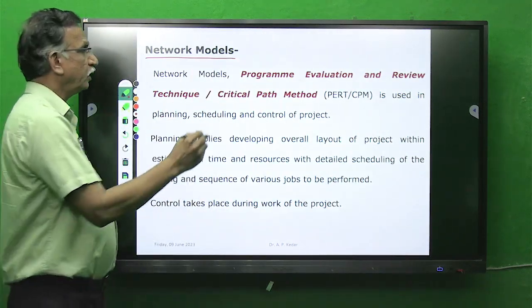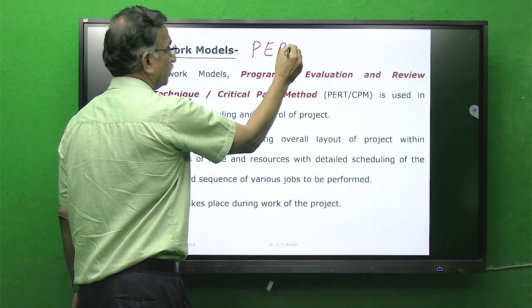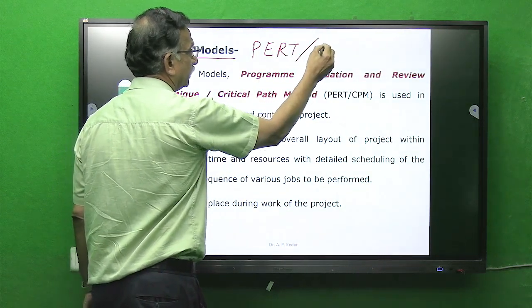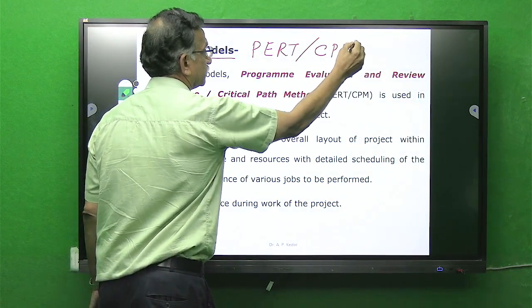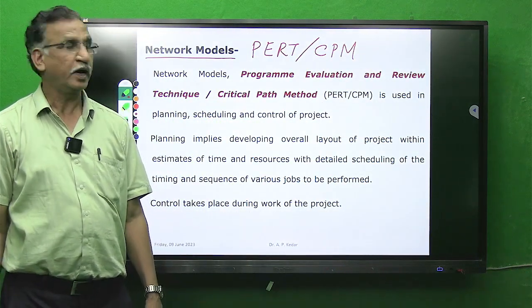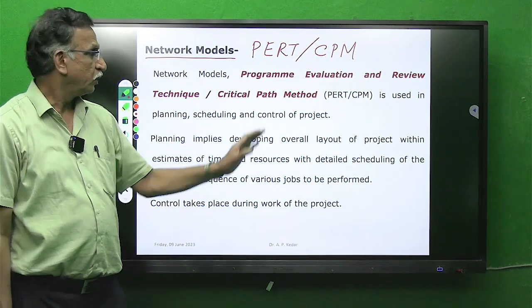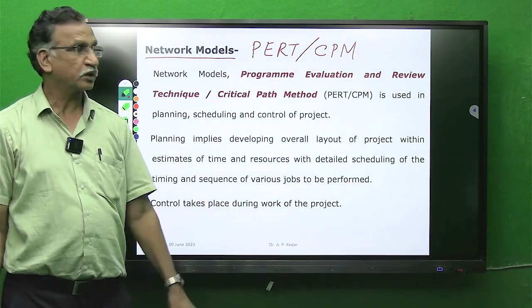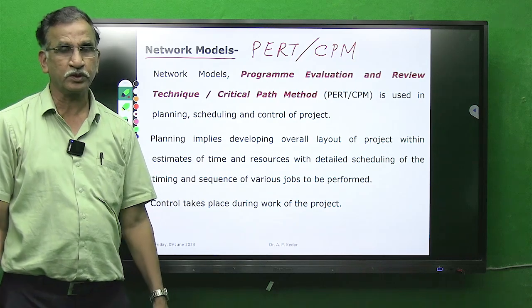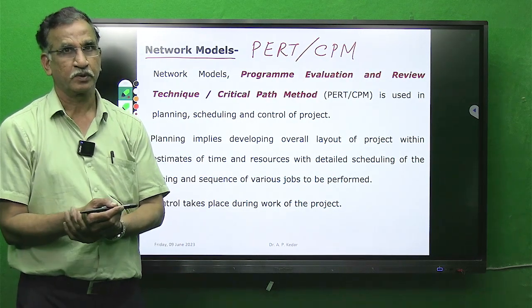So network model basically comprises of 2 areas, Program Evaluation and Review Technique, and Critical Path Method. Now where to use PERT logic and where to use CPM logic is a matter of discussion.